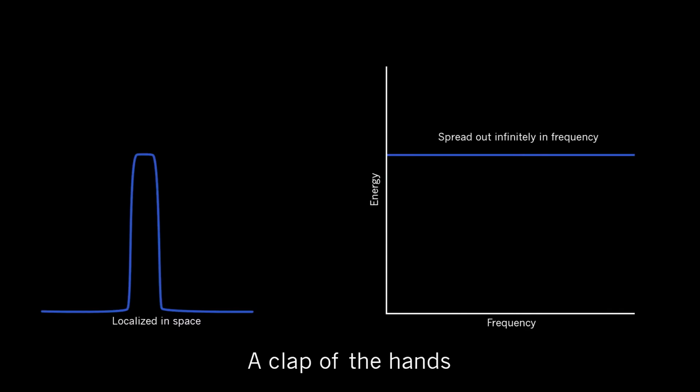So if you choose to prepare your sound as a pure tone, it's located everywhere. It's pure in momentum and delocalized in space. If you prepare it localized in space, like a clap, like a single wave packet, then it's composed of all of the different frequencies and therefore has all the different momenta.